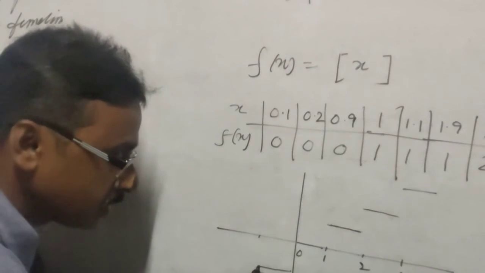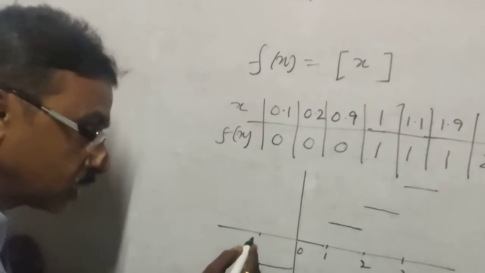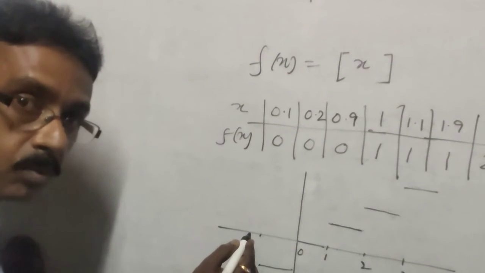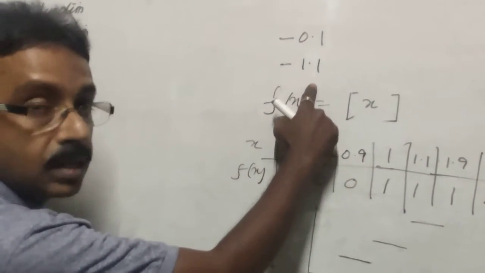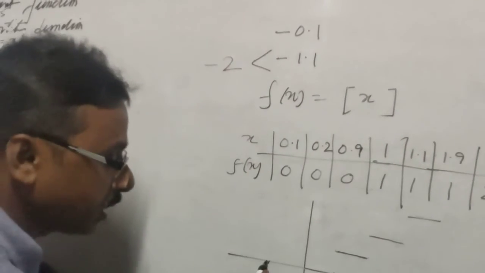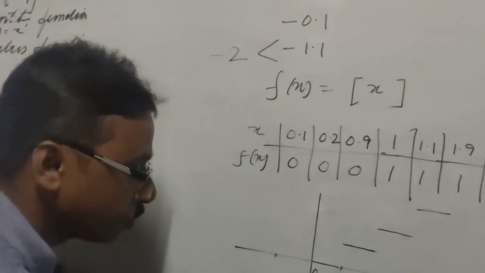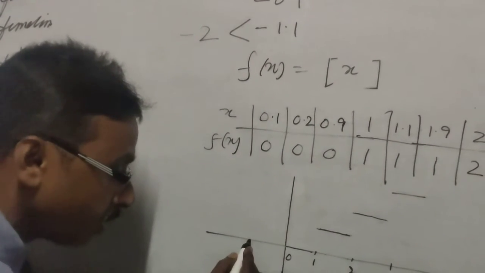Now as soon as I am taking minus 1, it is minus 1, but if I take x is minus 1.1, then the greatest integer less than this is minus 2. So for minus 1.1 it will be minus 2. This is minus 1, this is minus 2.